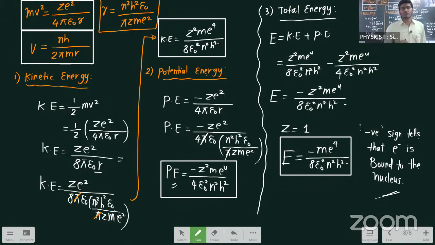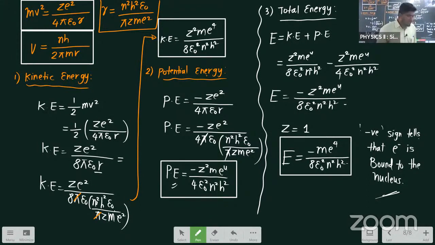He said that whenever an electron is revolving around the nucleus, a wave is associated with that electron. He named that wave the matter wave. The wavelength of that wave is the de Broglie wavelength, lambda is equal to h by mv. And further, he was able to prove the quantization rule. What was the quantization rule? m v r is equal to n h by 2 pi.